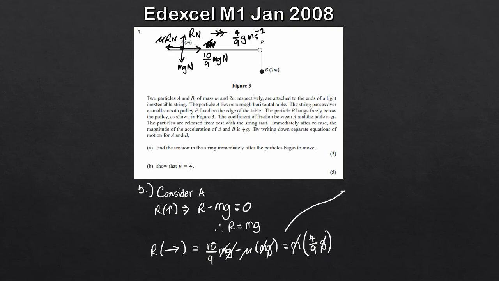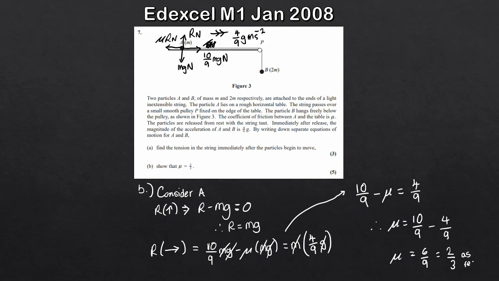We've got 10/9 minus mu equals 4/9. Solving for mu, because we want to show that mu is 2/3, take mu across and subtract 4/9 off both sides. So 10/9 minus 4/9 gives mu equal to 6/9, and if we cancel down, we get 2/3 as required.